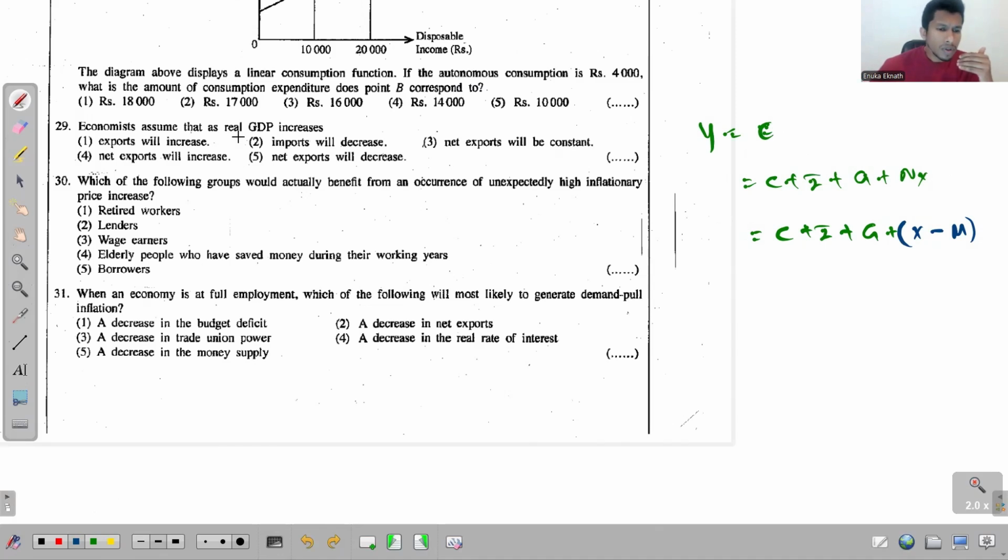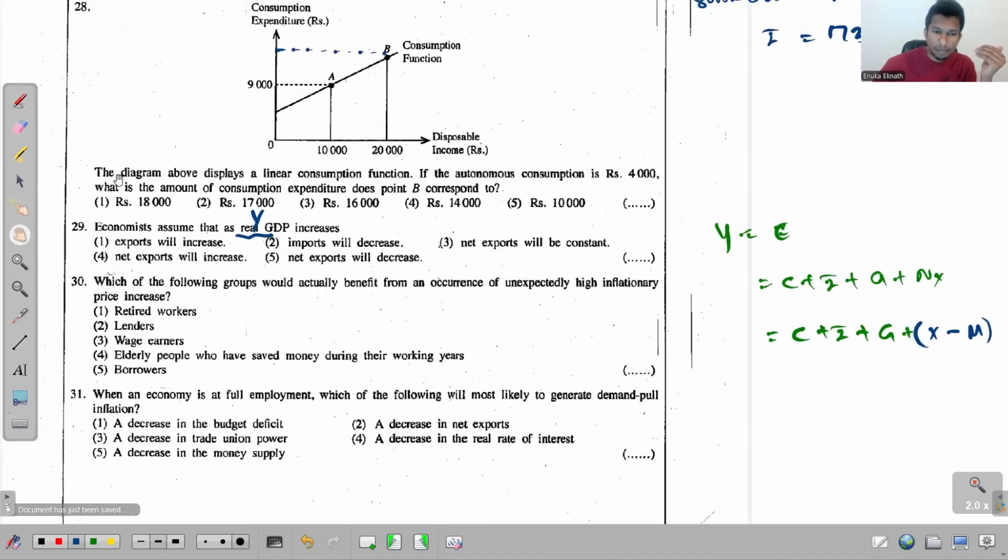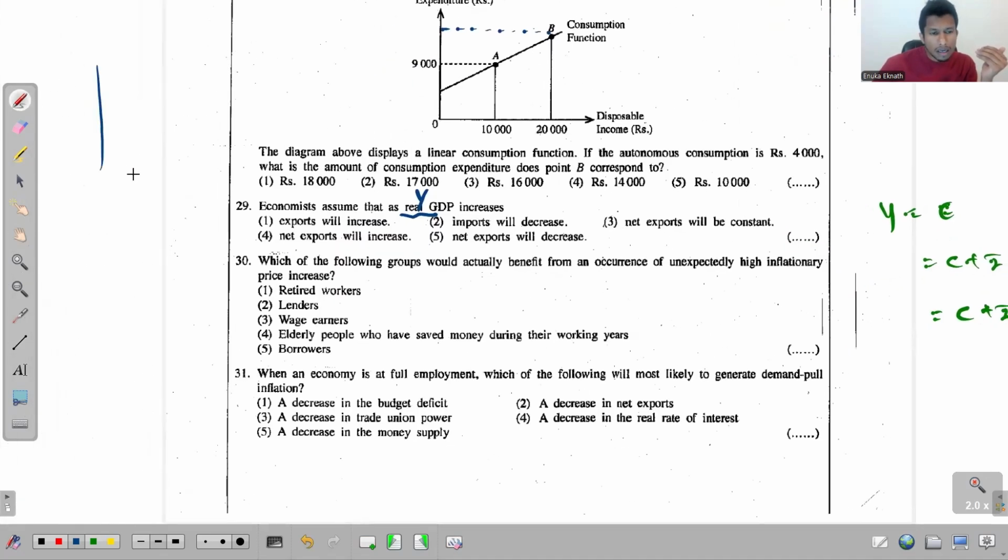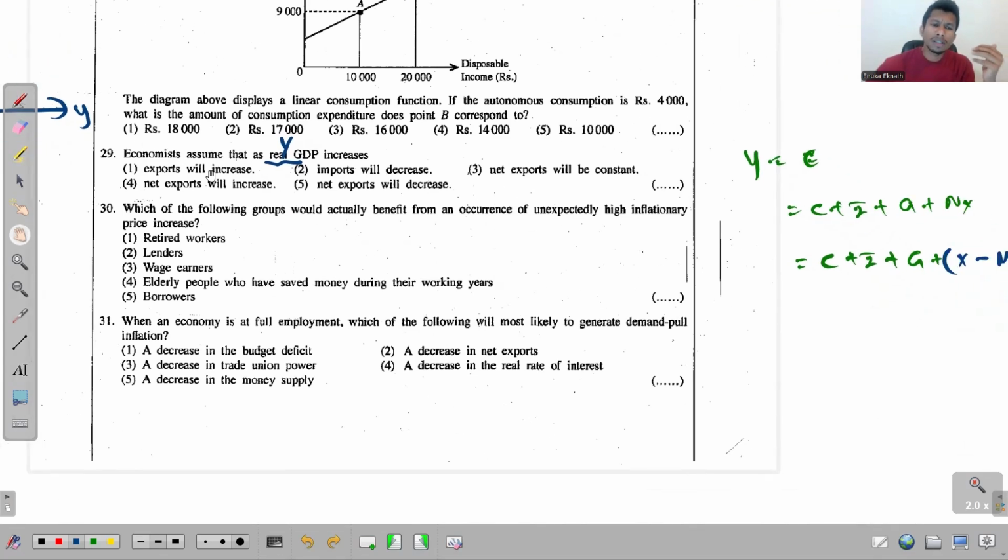All right, so let's see what will happen if real GDP increases. Real GDP means Y. In this graph, you take Y here and then E to this axis. So this Y represents the real GDP, if not the national level of equilibrium level of income. So what happens when Y increases?